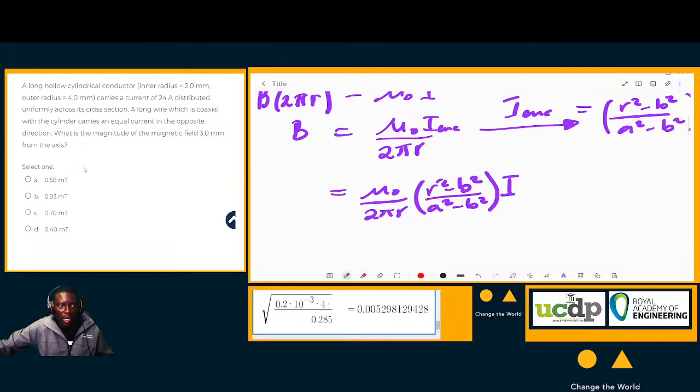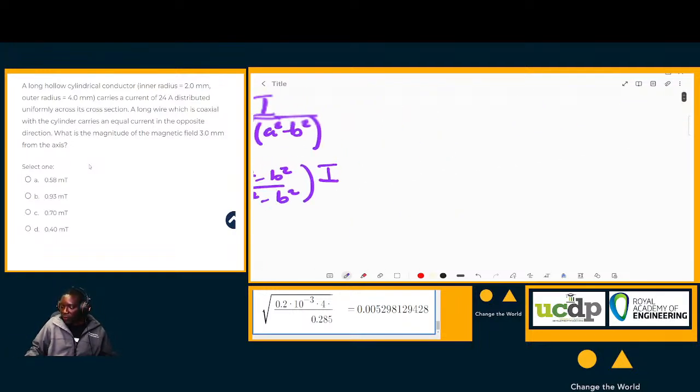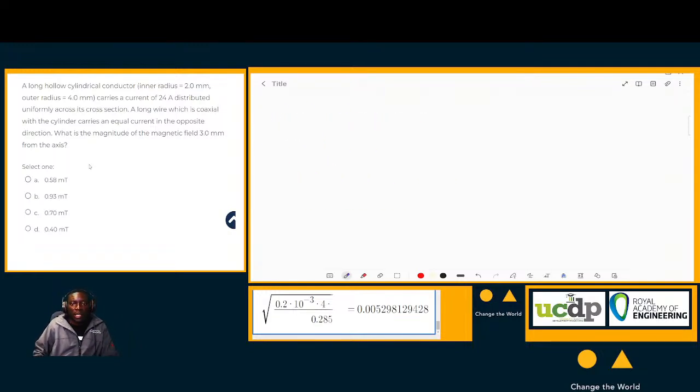The second one: a long hollow cylindrical conductor with inner radius 2 millimeters and outer radius 4 millimeters carries a current of 24 amps distributed uniformly across its cross section. A long wire, coaxial with the cylinder, carries an equal current in the opposite direction.